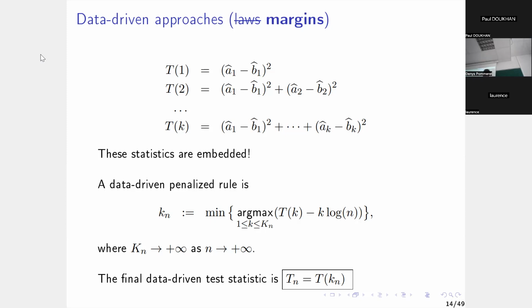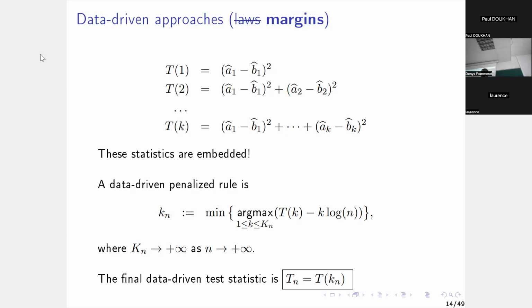You want to detect the largest difference between your coefficients. But of course, this is increasing. So you have a penalization depending on the number of coefficients and on the number of observations of the processes.